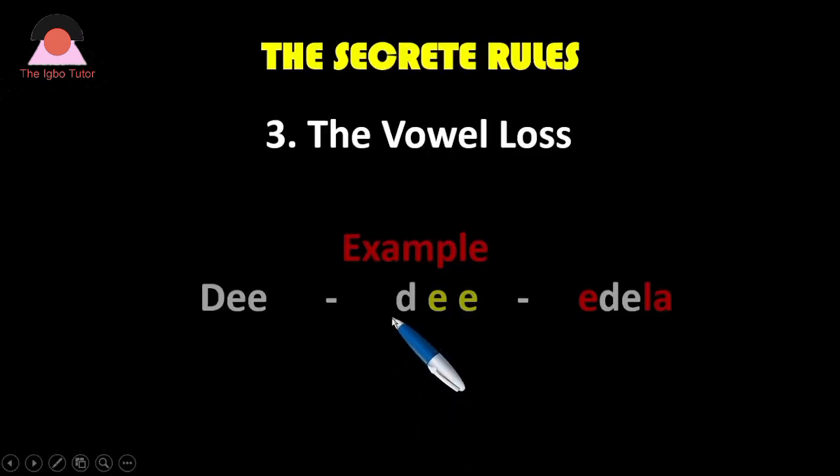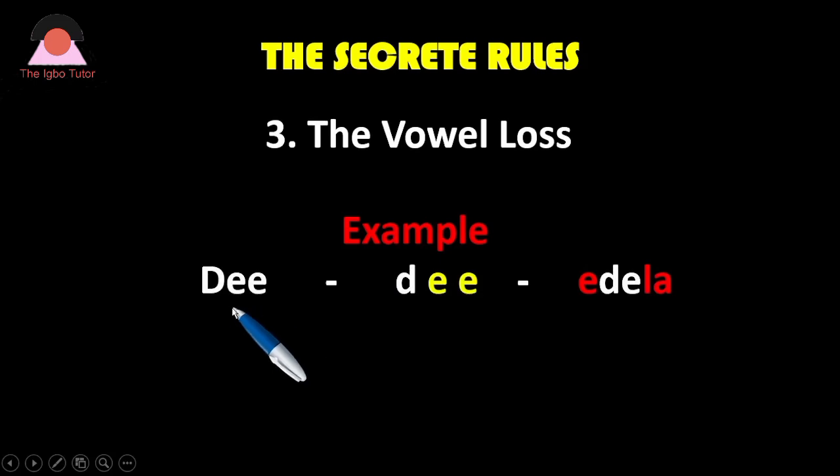Let's look at an example here. De, that's a parent verb, which means write. Now, it's composed of D-E-E, two vowels here. Now, the first thing to do is to look at the first vowel, which is in the E class, or those ones that have no dot under. So, the E will be added in front as a prefix, which we have here, e de.